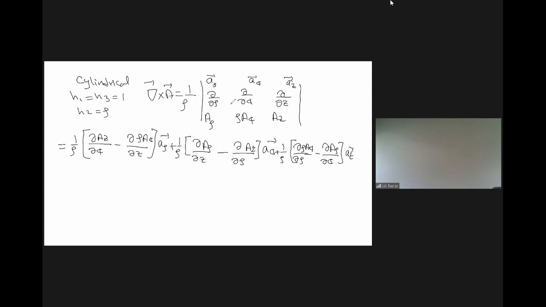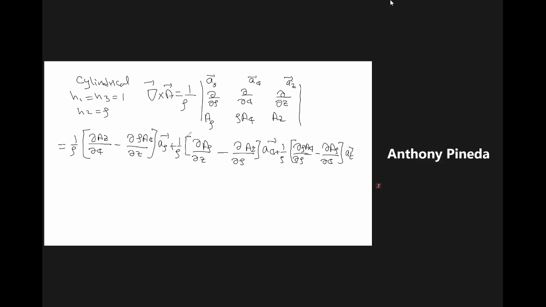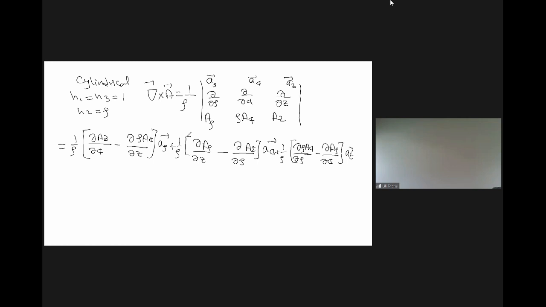So the last row is ∂/∂ρ of ρ Aφ minus ∂/∂φ of Aρ. If you want, you can simplify furthermore to have it a bit easier.